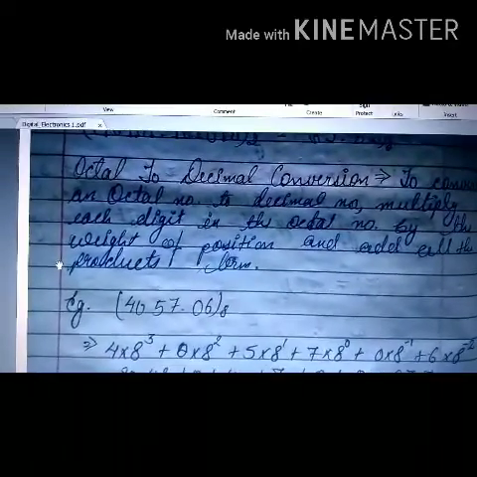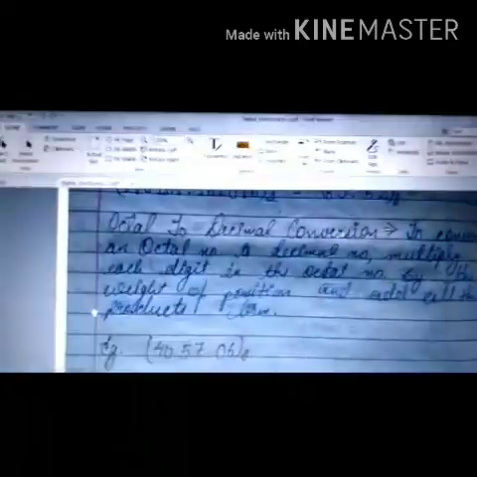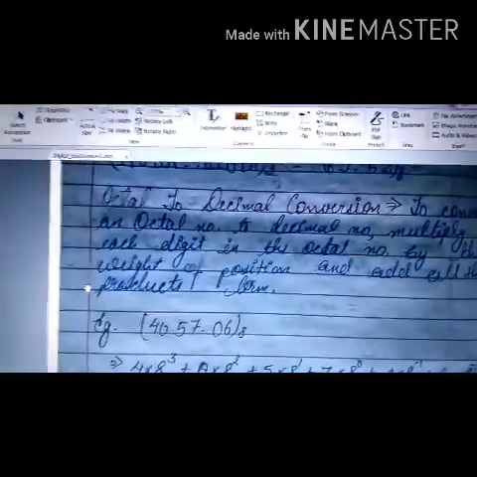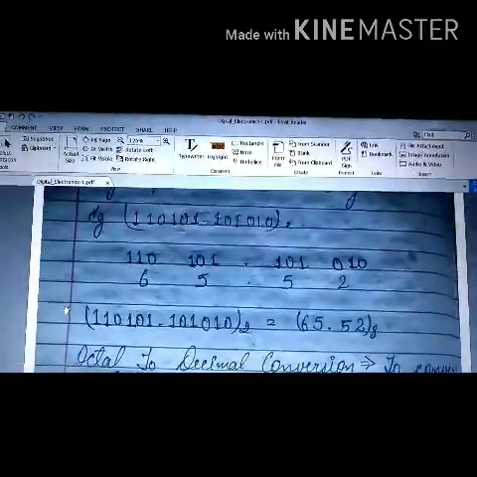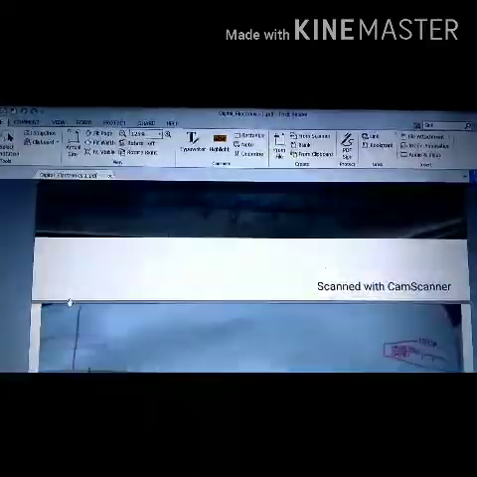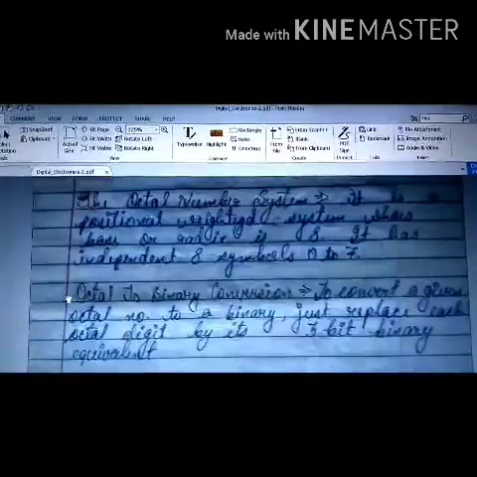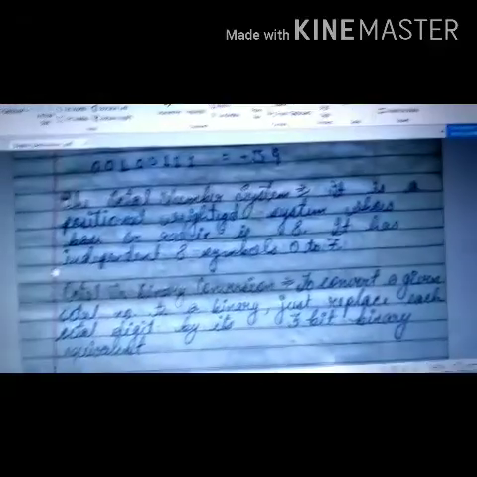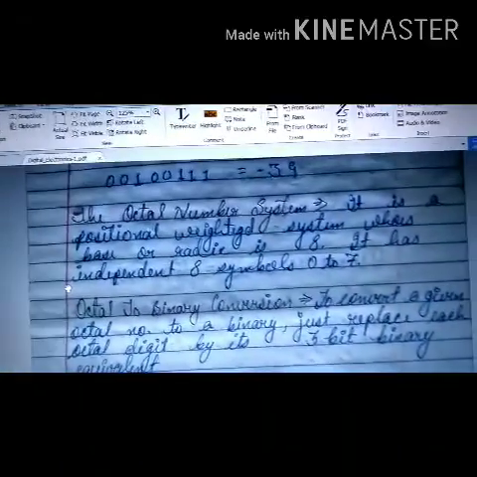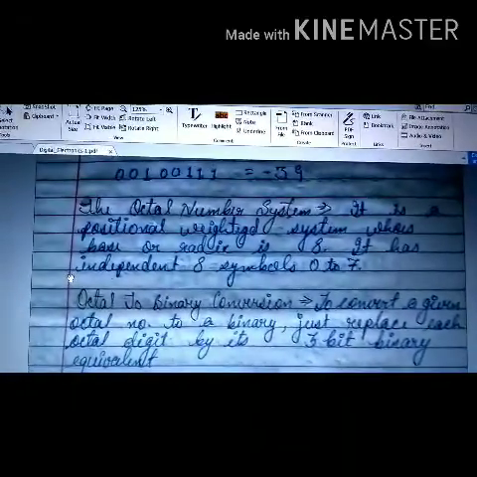The number system can be directly converted to decimal and binary, as we will be seeing very soon. Its radix or base is 8, and that is another important thing.